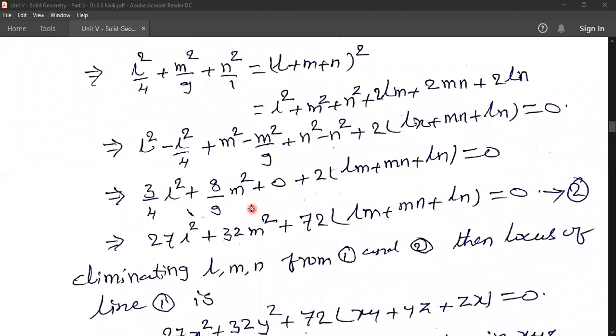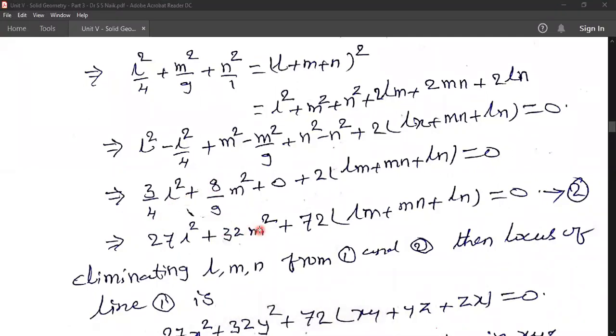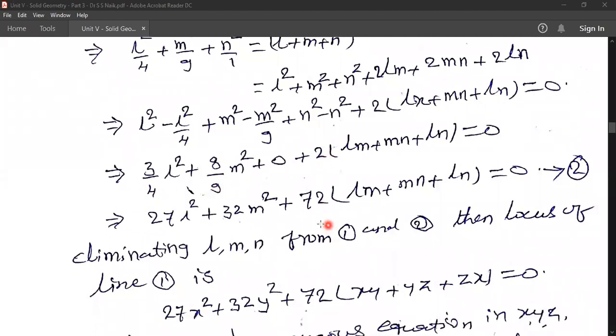Simplifying again, 36 is the LCM, it goes on this side, then 9 into 3 becomes 27l squared. Now 4 into 8 becomes 32m squared, and then this 36 goes on this side, becoming 72(lm + mn + ln) equal to 0.